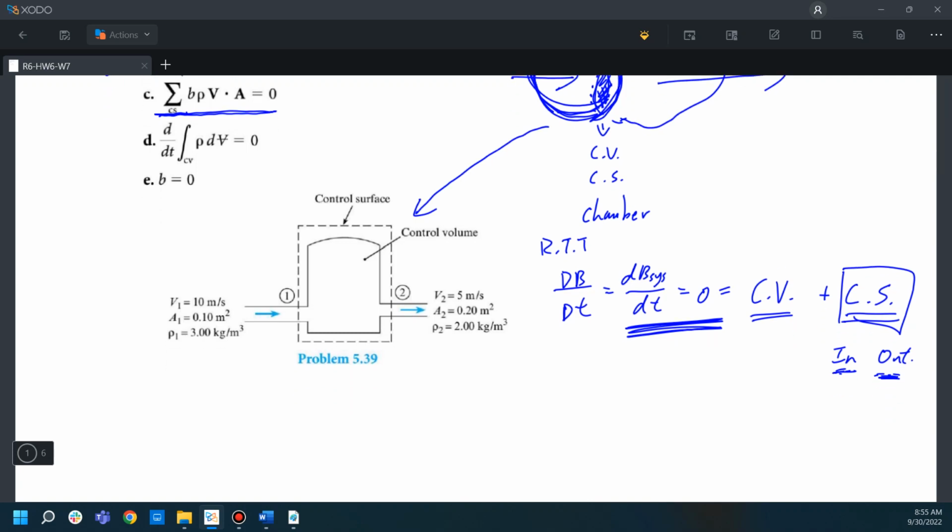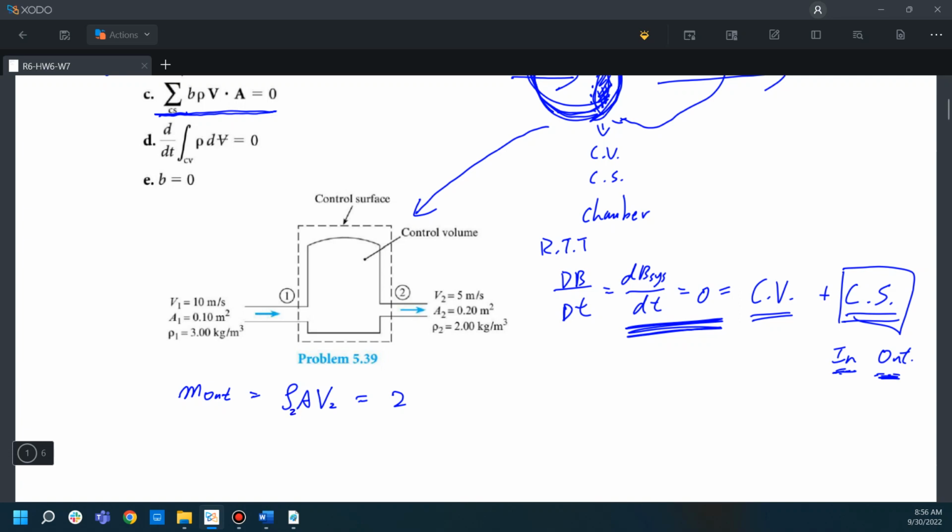The mass that is going out is equal to rho A V at outlet, which is denoted as these two, and this is equal to 2, because rho 2 is 2.